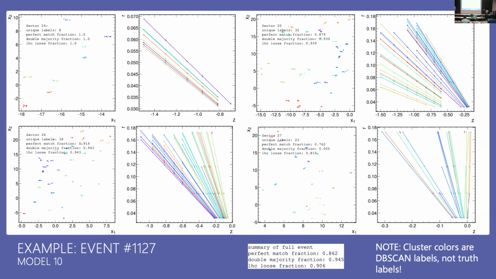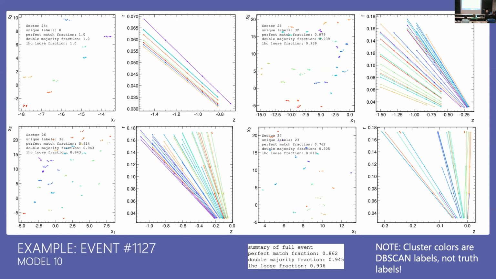Okay, so some results to look at. This is just for a single track ML event with the truth cuts I've described. These are four different sectors from that event, where the left subplot of each is the learned clustering space output by the GNN, and the color is generated by dbScan.